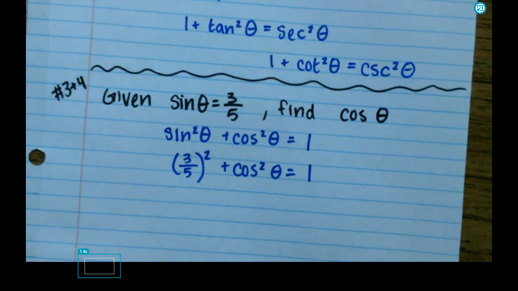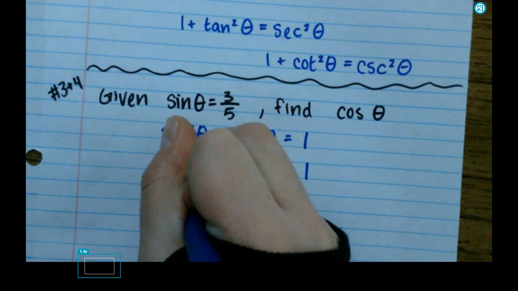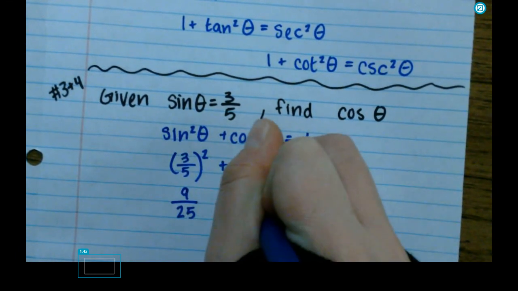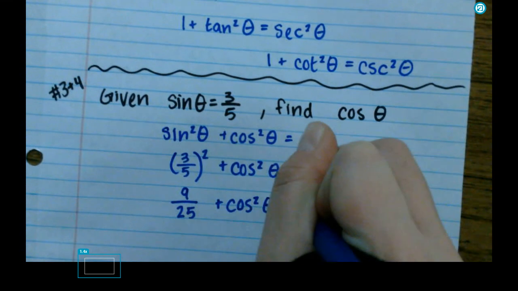And then we're just going to solve this like a normal algebra 1 equation. We're going to square out 3/5, so 3 squared is 9, 5 squared is 25, so we've got 9 over 25, plus cosine squared of theta, equals 1.